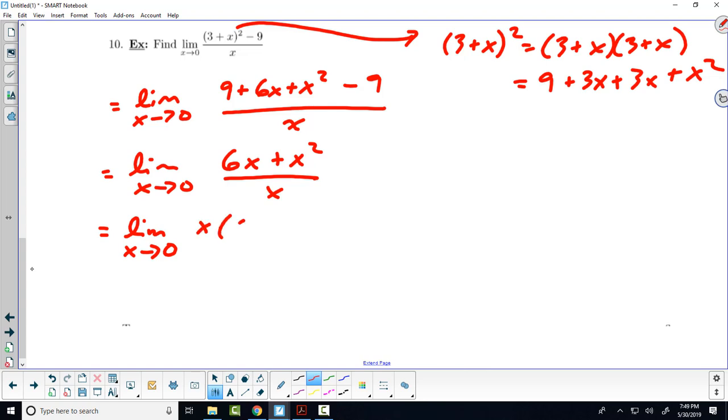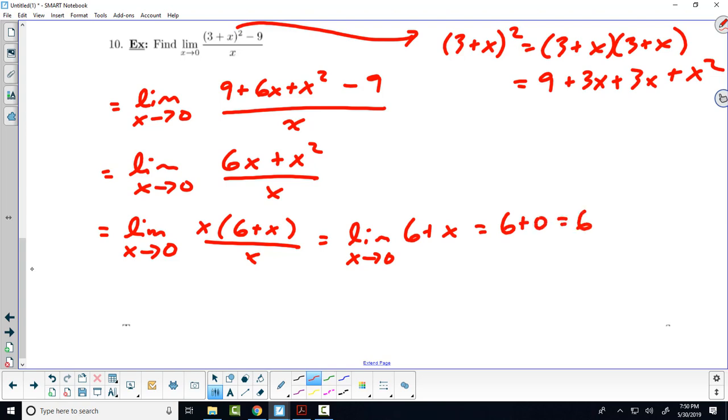We get x times 6 plus x all over x, which gives us the limit as x approaches 0 of 6 plus x. Now, at every step up until here, could I use the direct substitution property? No. Now, I can. What does this give us? This gives us 6 plus 0, which is 6.